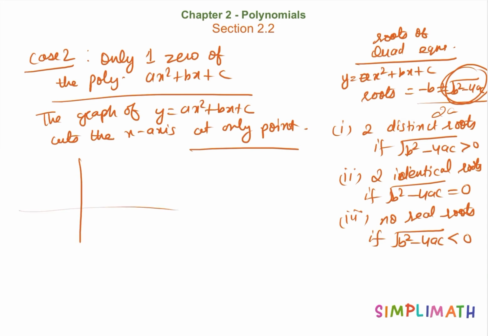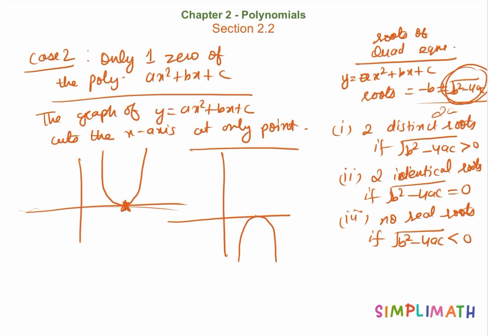For example, if it is facing upwards, then it would be something like this, and it would be cutting the x-axis at such a one point. Sorry, if it is facing downwards, then it would be something like this, cutting the x-axis only at one point. So this point A is the zero of the polynomial ax square plus bx plus c.